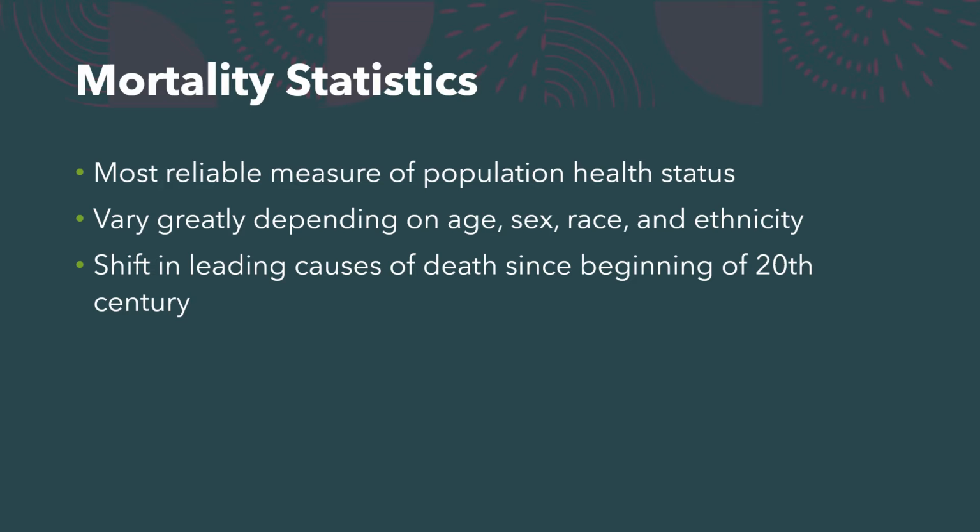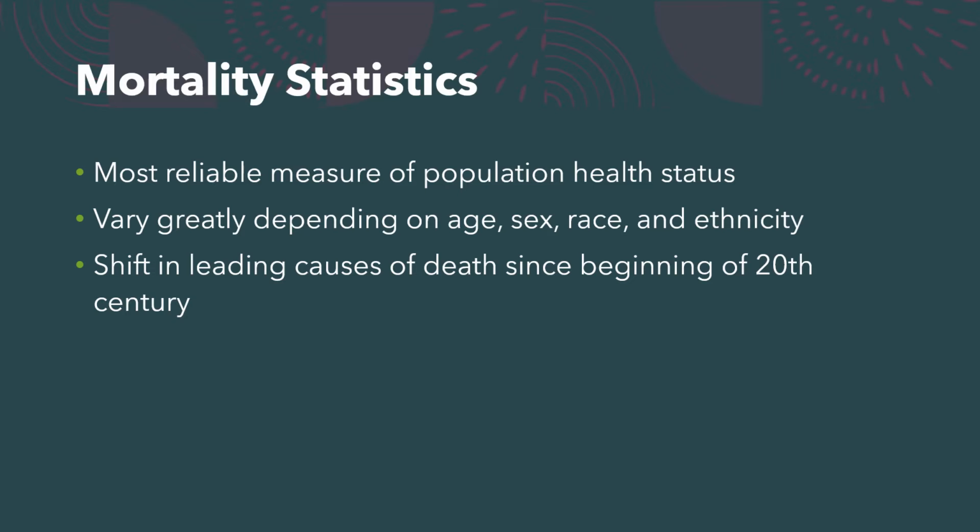So we know that mortality statistics are usually of fairly good quality. The degree to which people in the population die of disease is a good indication of the services provided by the public health system and the healthcare system in that area.